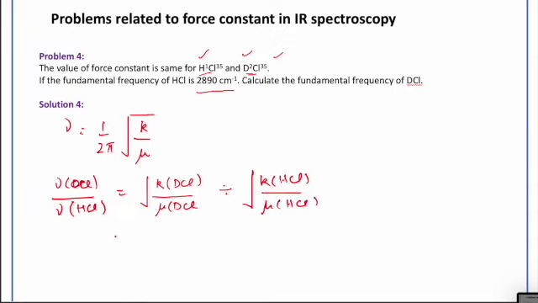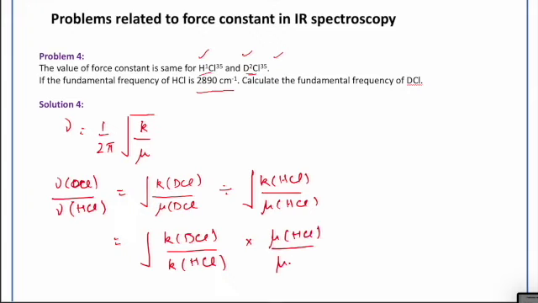Okay, so I can also write this expression as under root of k for DCl over k of HCl, into mu of HCl over mu of DCl. Okay, so now it will be easier for me to substitute the values and get the result.